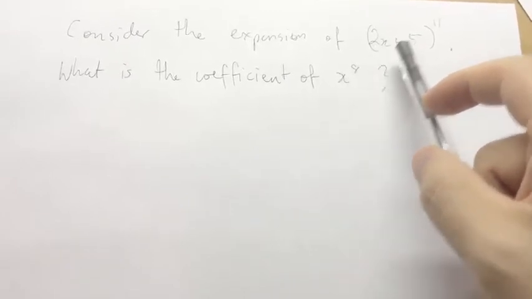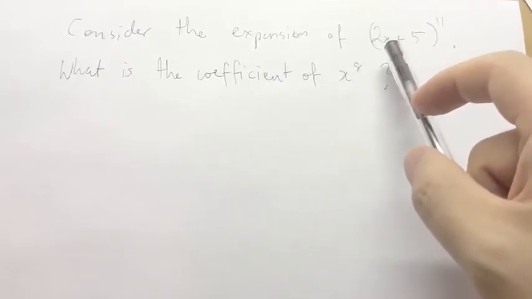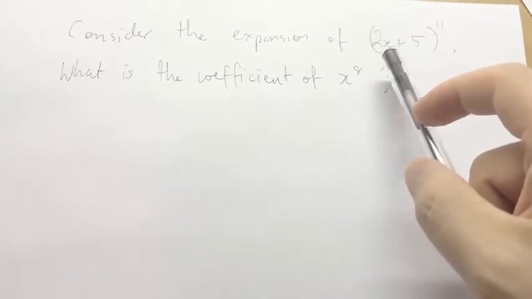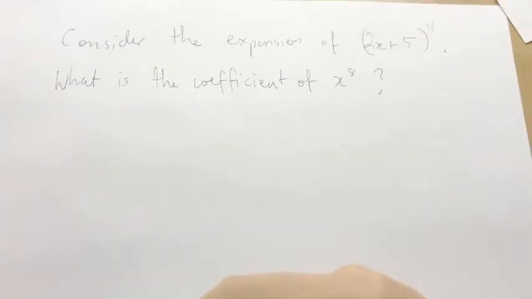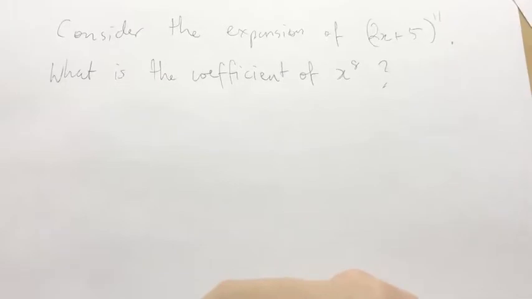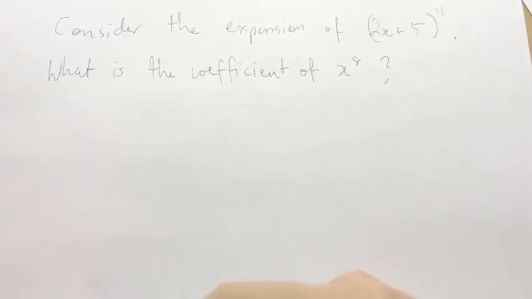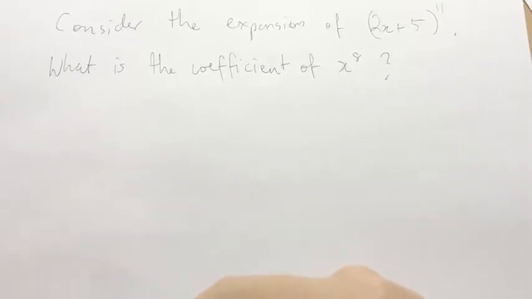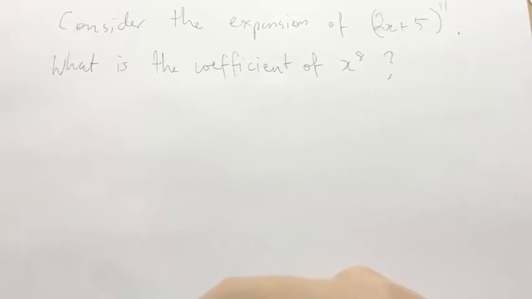And it wants you to take the term with x to the 8, and it asks you what the number in front of that x to the 8 should be. Okay, so depending on how well you know binomial expansions, this could either be immediate from the binomial expansion, or you could work it out using combinatorics.